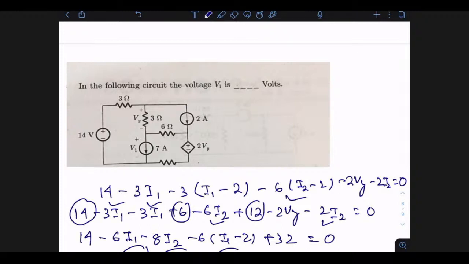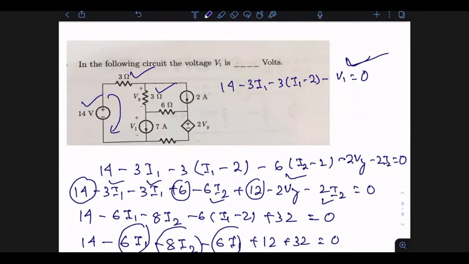If you write the KVL equation here, it is 14 minus 3I1 minus 3 into I1 minus 2 minus V1 equals 0. If you substitute the value of I1 in this equation, you can get the value of V1. This is the approach to solve this question.